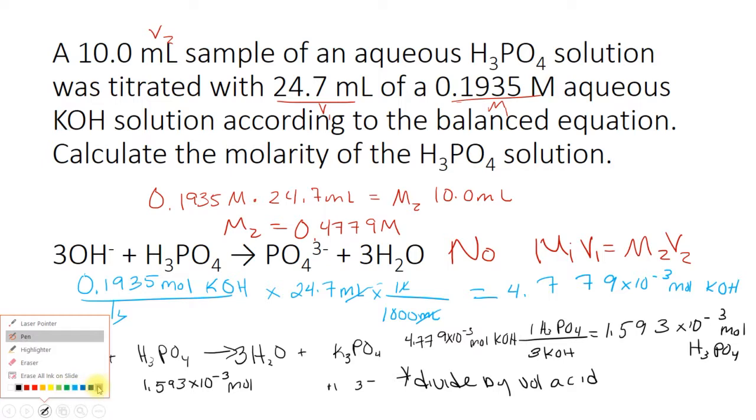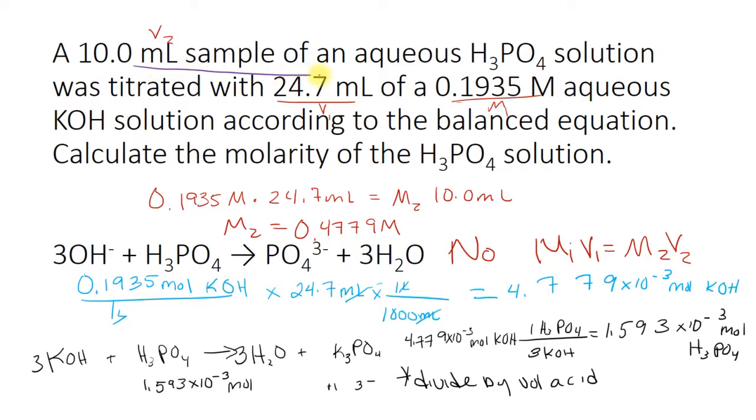So I guess what I'll do is take the 10 mils of acid. So this is the acid part of it. We don't ever add anything up or do anything like that. We're just using dimensional analysis here to convert it from milliliters to liters. Okay. And so once we have that, we take our original number of moles, we divide by the volume, which in this case is going to be 3 significant figures.